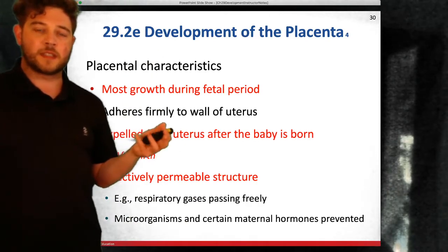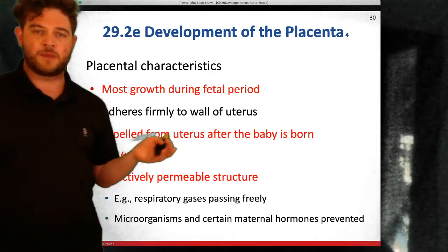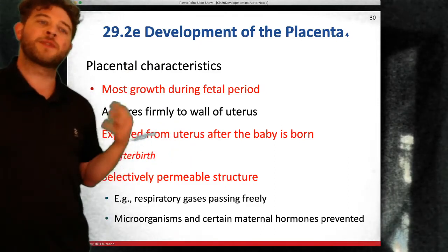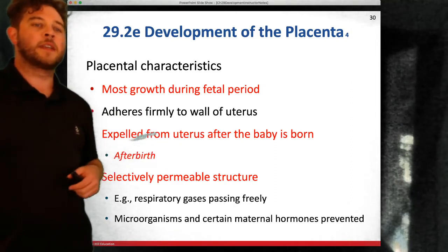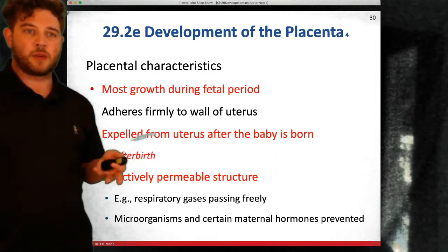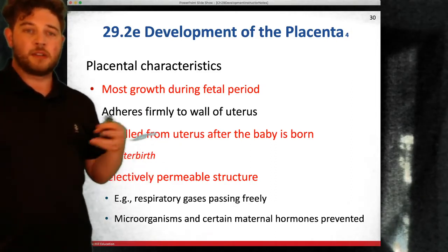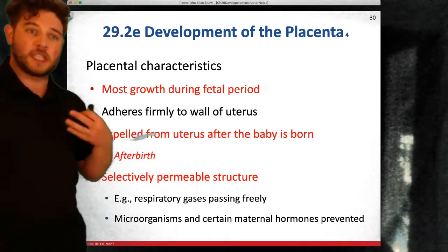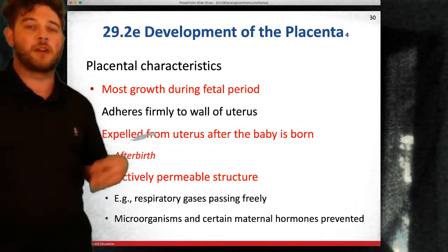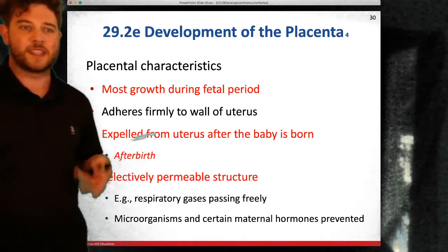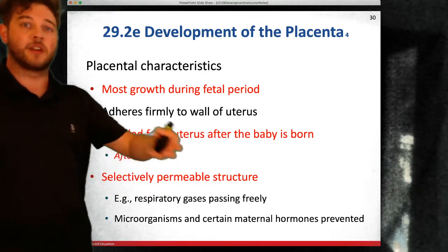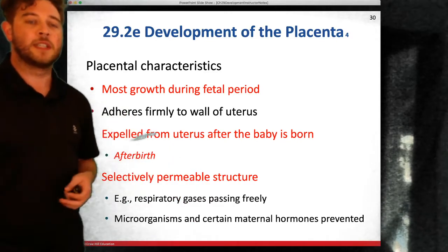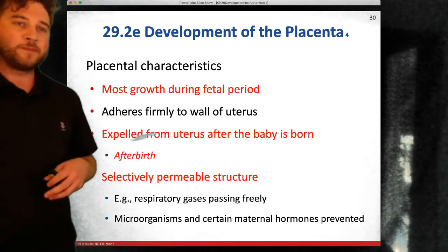This is essentially just a mammalian anatomy and physiology class, and a lot of my experience is from veterinary medicine, watching animals give birth, and it is true for human females as well. That expulsion from the uterus, you really have to push it out. Sometimes it comes out easy, but a lot of times it's like, okay, now we have to push this out and get rid of the afterbirth.